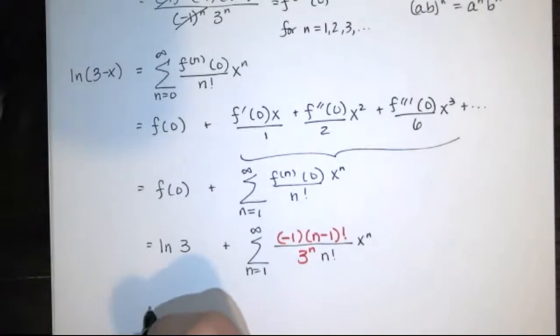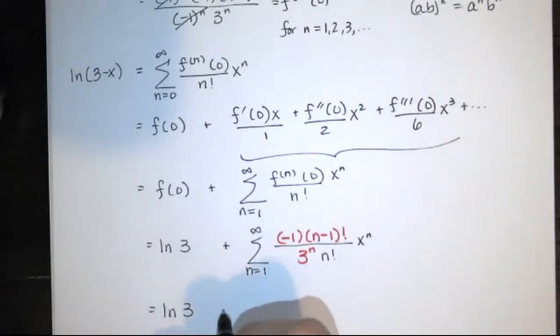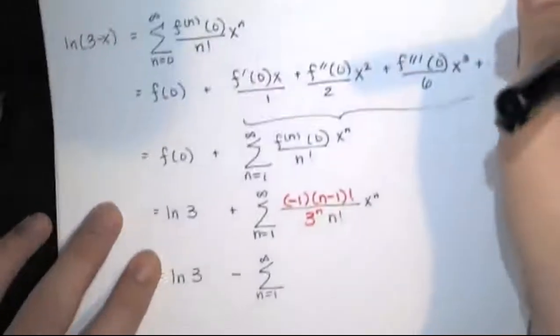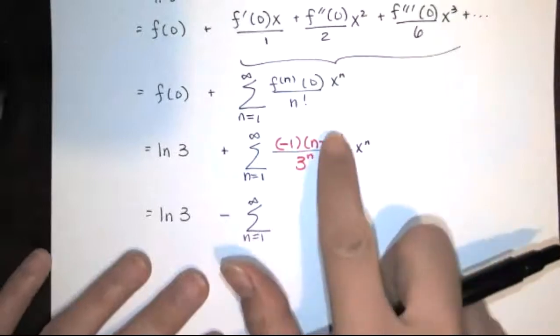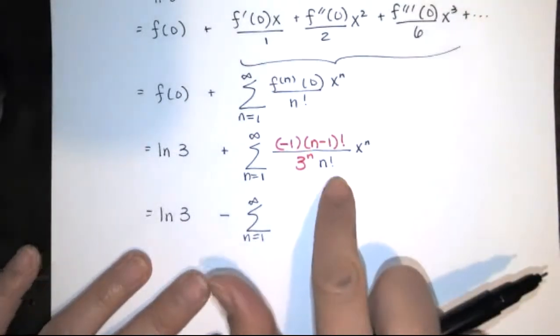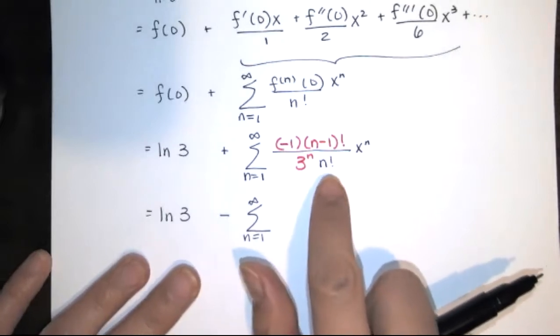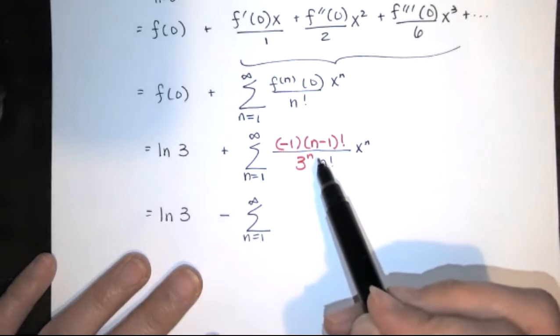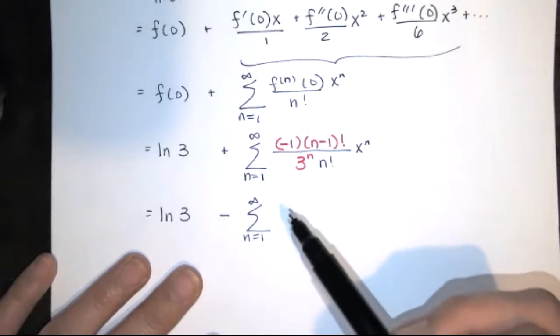And that negative we could factor out if we wanted to. I think I will. And this n minus 1 factorial and the n factorial can be simplified. Anytime I've got a quotient of factorials, I can always write the one that has the larger number in terms of the smaller one.